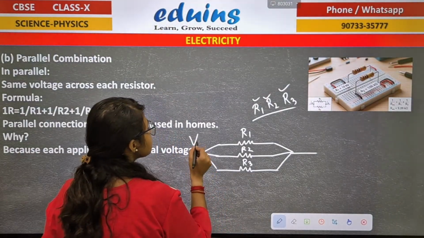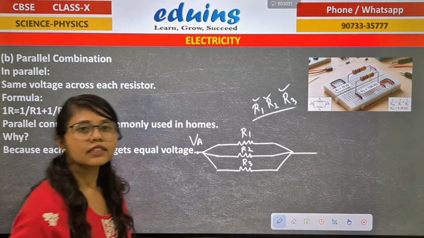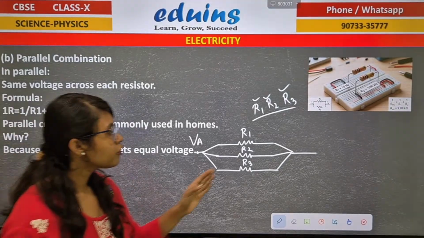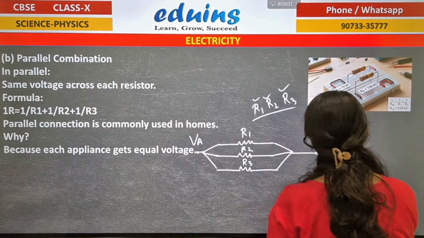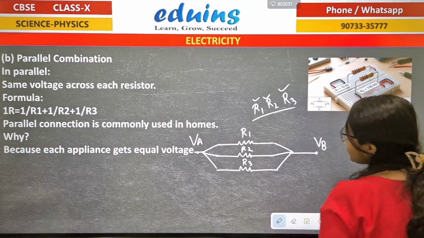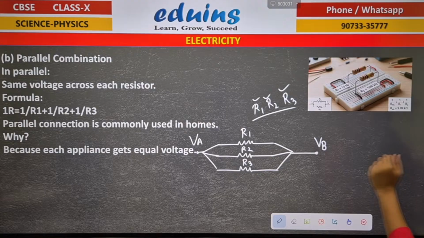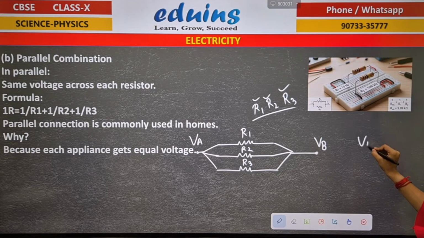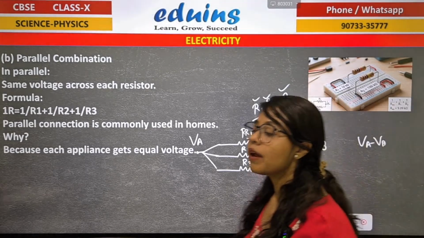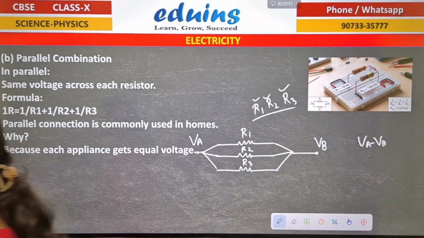For the first terminal, VA is the potential, and for the end, VB is the potential. So for this circuit, the potential difference is VA minus VB.